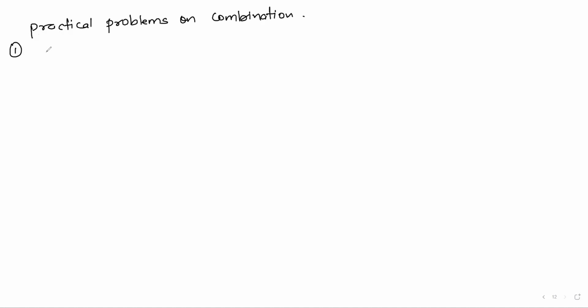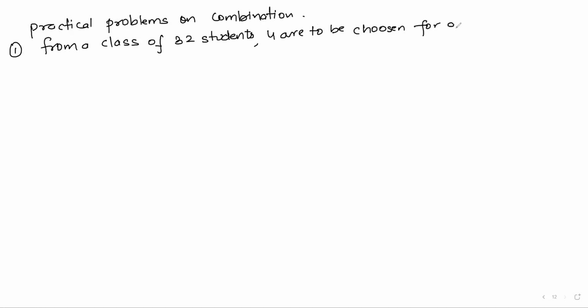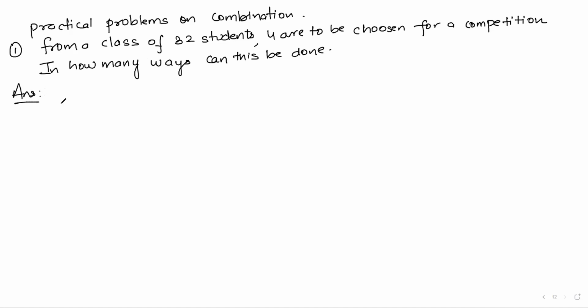Please try this first question. From a class of 32 students, 4 are to be chosen for a competition. In how many ways can this be done? Please try to solve this question.